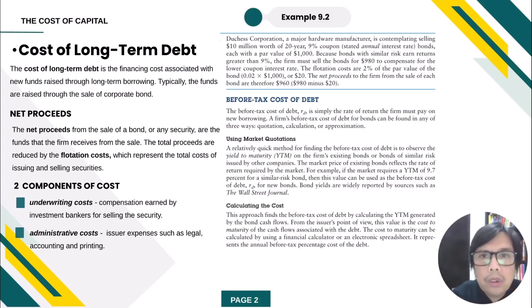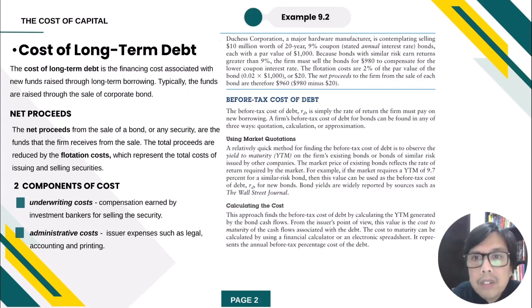Let's take a look at example 9.2. Duchess Corporation, a major hardware manufacturer, is contemplating selling $10 million worth of 20-year, 9% coupon bonds, each with a par value of $1,000.